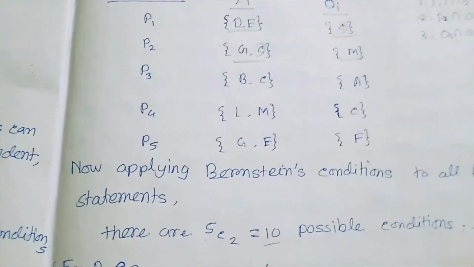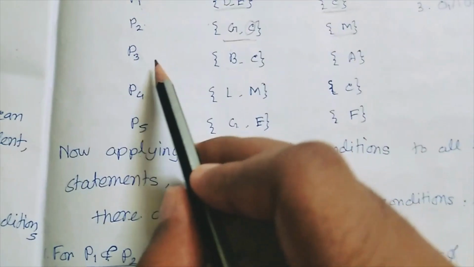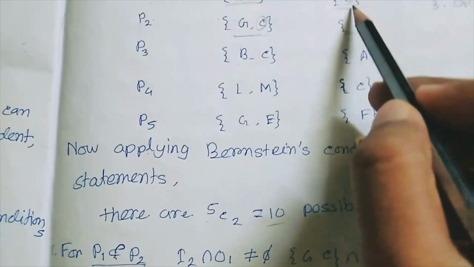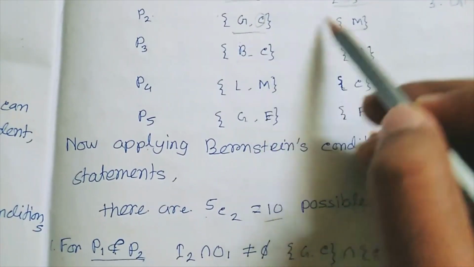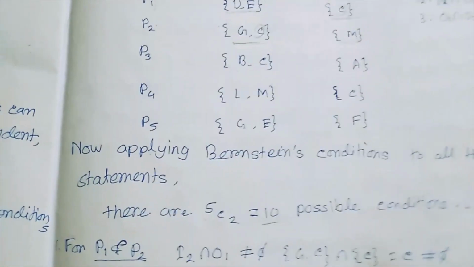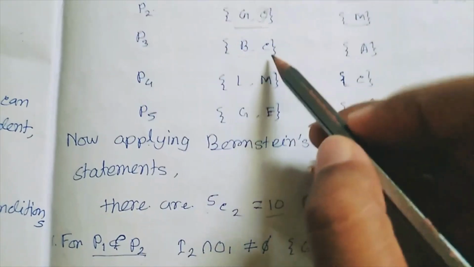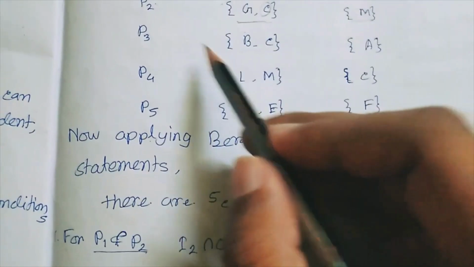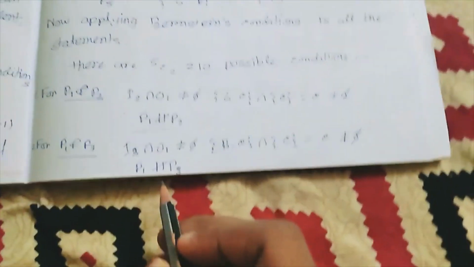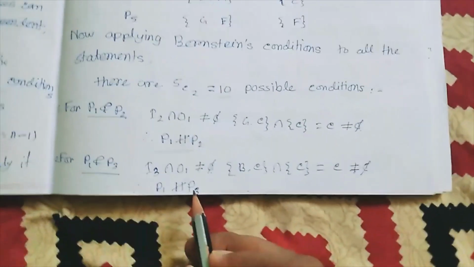They are not common. Okay, that's right. But for the P3 input set and the output set of P1, there is a common element, C again, so they are not parallel. So P1 is not parallel to P3.